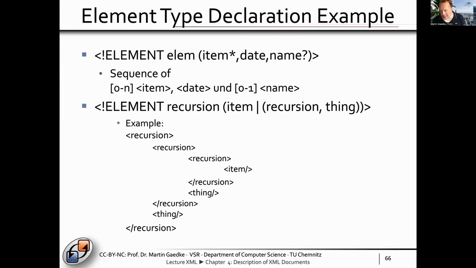So you see there is a lot of things possible, but there are also a lot of limitations that cannot be easily done by the way the type declaration allows us to specify certain grammatical rules on our elements.